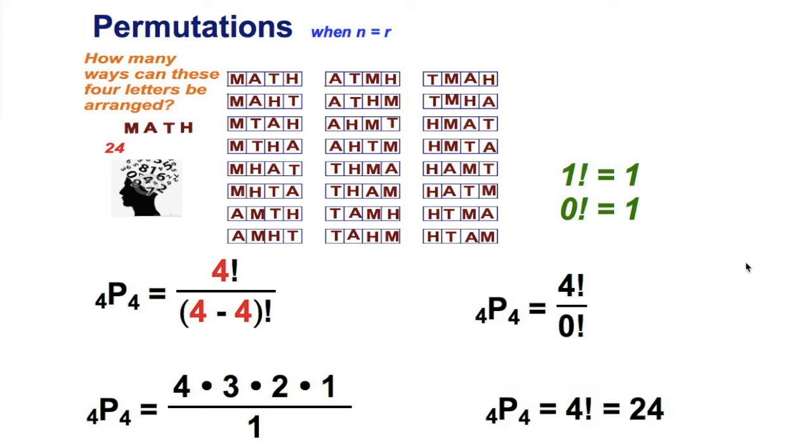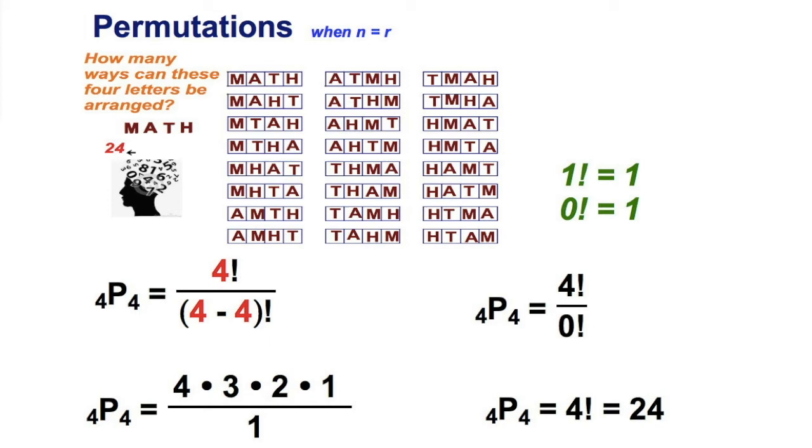And there you go. 4 times 3 is 12, times 2 is 24. Boom shakalaka, just like we got last time. 24.